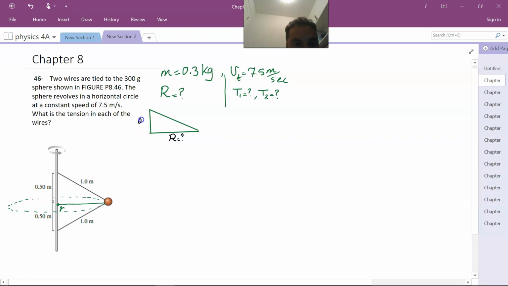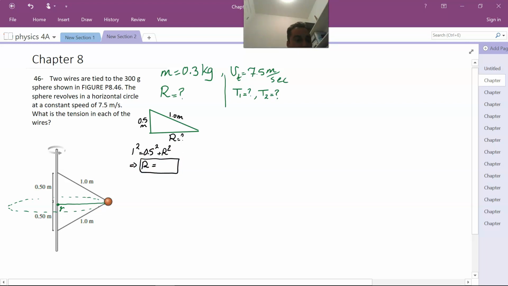This one is 0.5 meter, and I do have the hypotenuse, which is 1.0 meter. Can I find the radius? Yes. Very quickly, by Pythagorean, 1 squared is 0.5 to the power of 2 plus r squared. Therefore, the radius will be found.